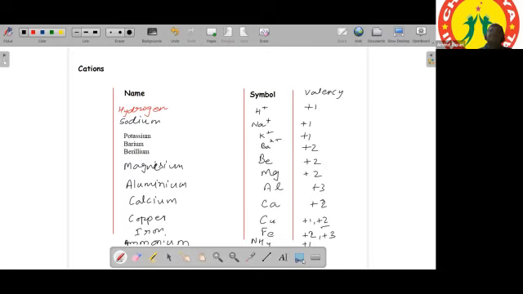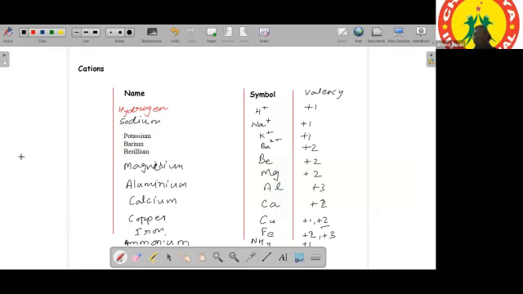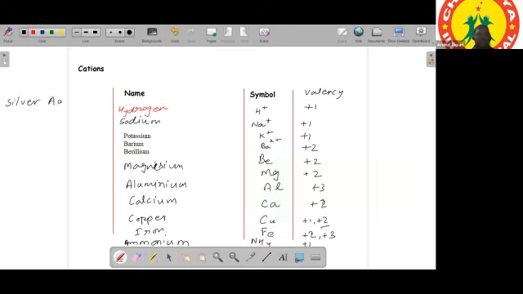Okay. What is the valency of silver and its symbol? Symbol is Ag, valency is +1. Silver: Ag, and its valency is +1. What about mercury?